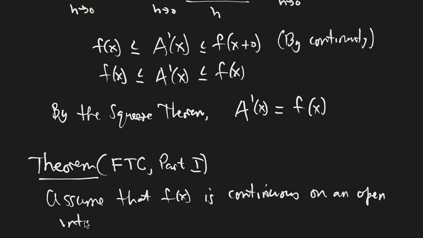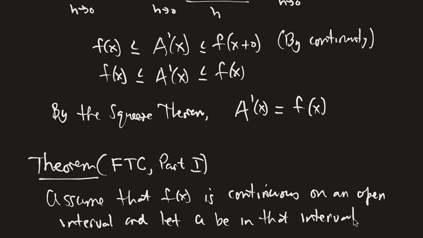So some interval, and let the number a be in that interval. And this is the a that's the lower limit, right?